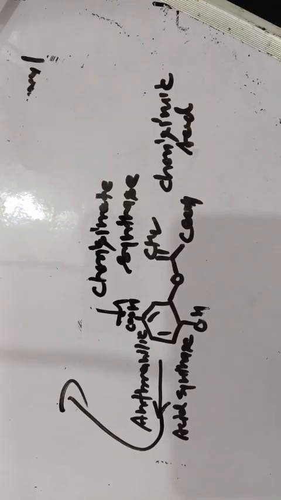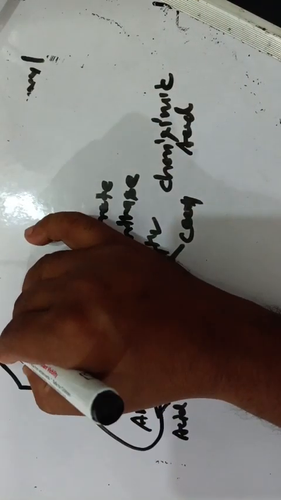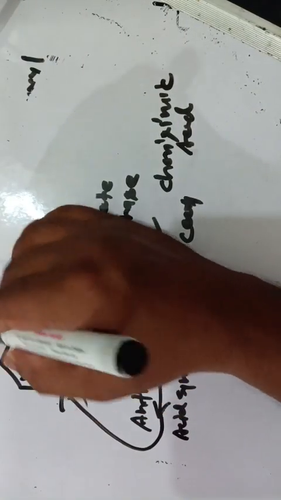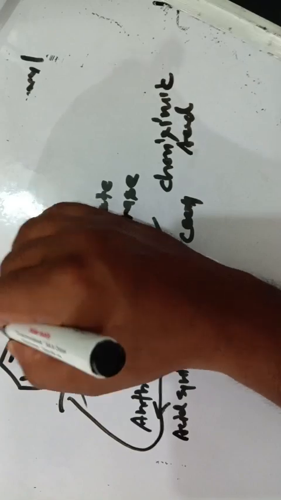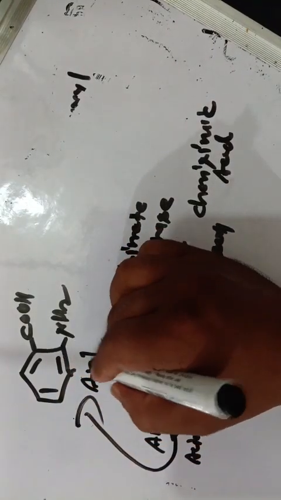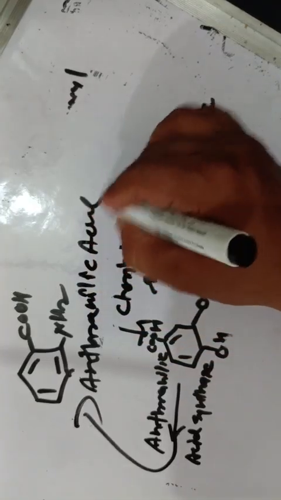One compound is formed, and the compound is known as anthranilic acid, with NH2.